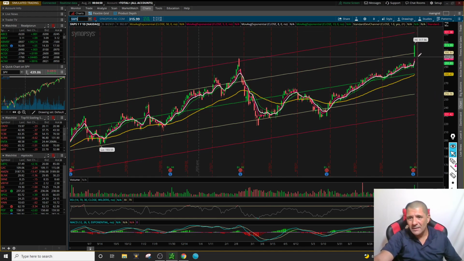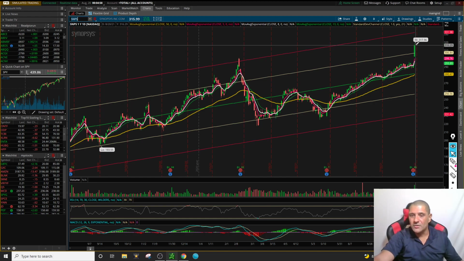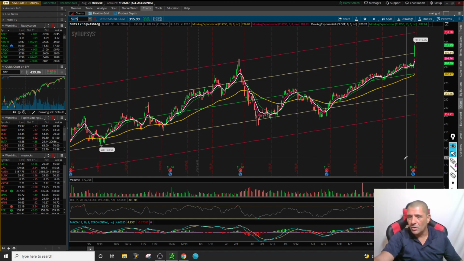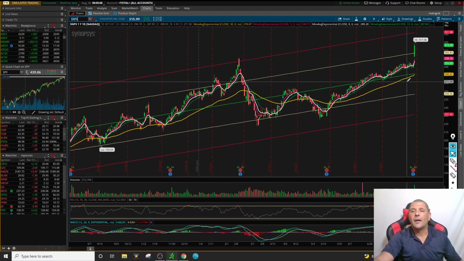But at the moment it's already escaping away from the moving average, and you cannot escape from a moving average forever. It looks like they had earnings, and the earnings went pretty good, and they went high.